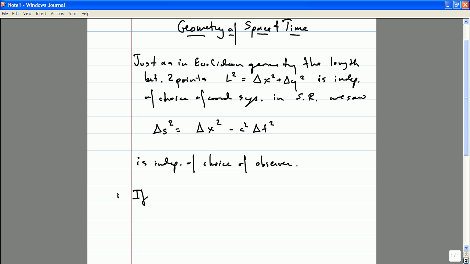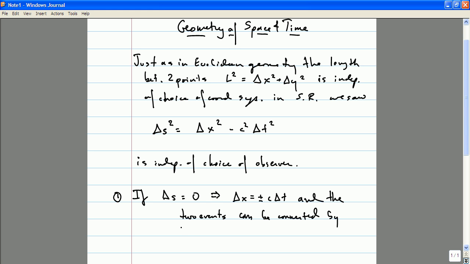And we saw that if delta s is equal to 0 for two events, then that means that delta x is plus or minus c delta t, and the two events can be connected via a light ray, in which case we say that those two events are either light-like separated or null separated.